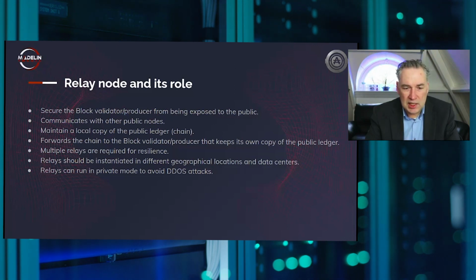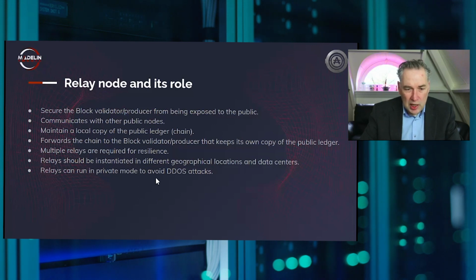And this will hurt, of course, the people that are staking in the pool. So it's wise to have some resilience in case one of the relay nodes goes down. Another relay node is still active and is still forwarding these blocks to the block producer.